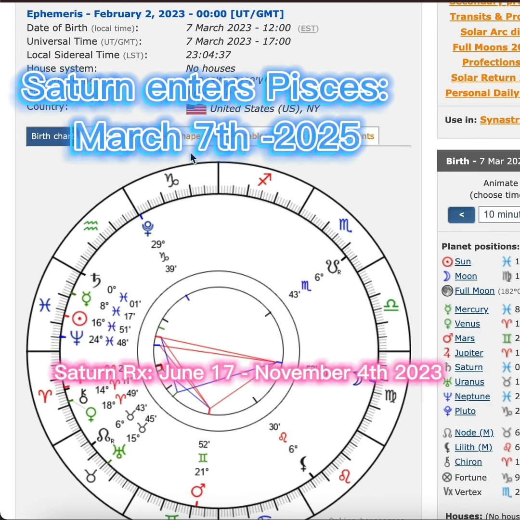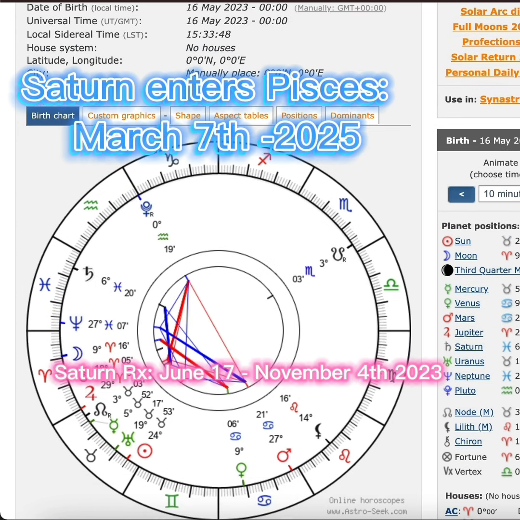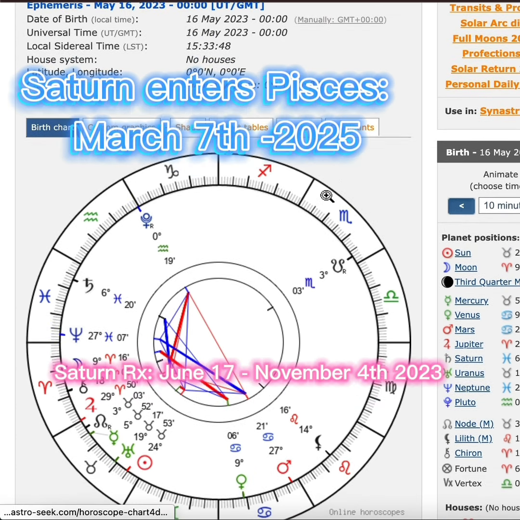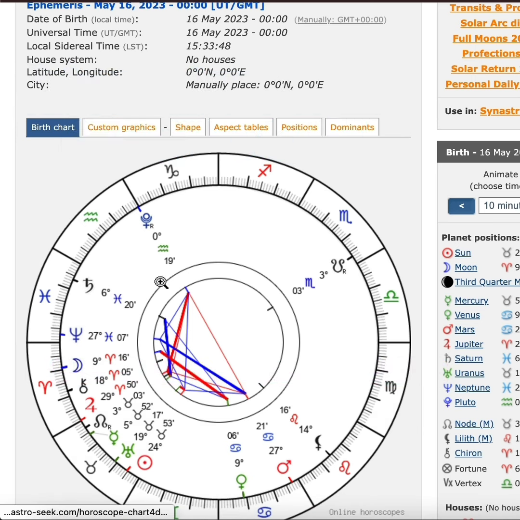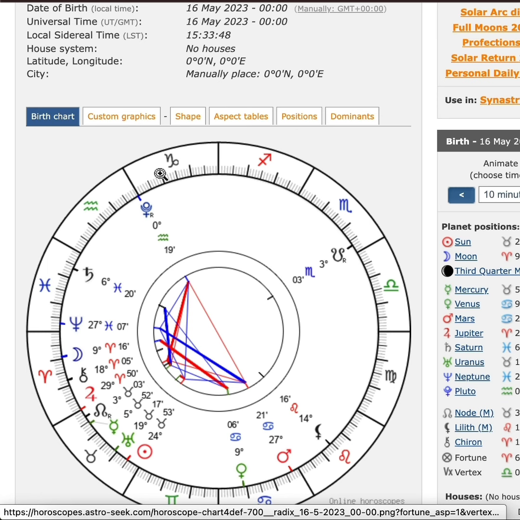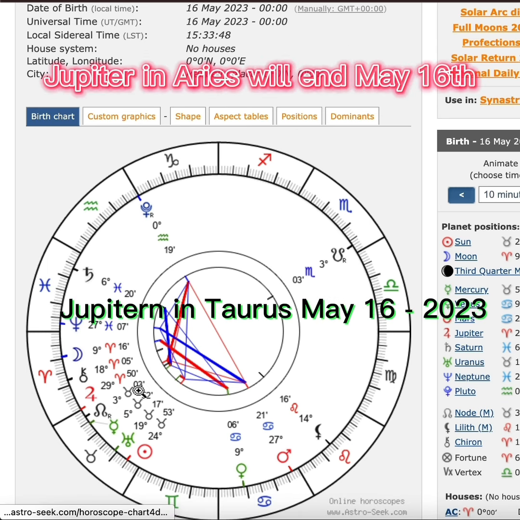Then we're going to also experience when Jupiter enters Aries, which it already has in 2023. But on May 16th, Jupiter will end its transit in Aries and it will enter Taurus, and it will be there for 2023. So May 16th, this is important.